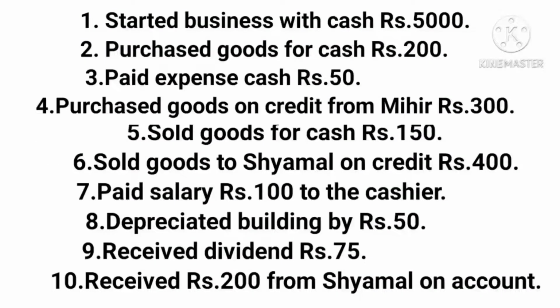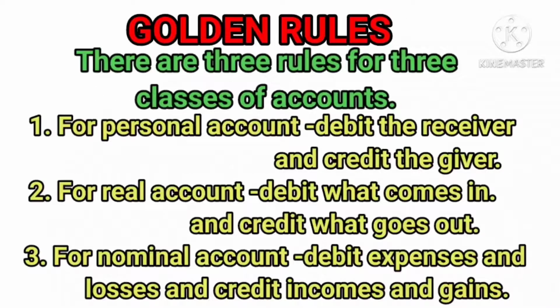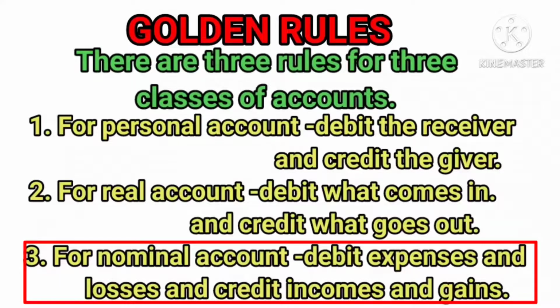Next, number 5, sold goods for cash rupees 150. Here we see 2 aspects. One is sale of goods and other is cash is coming. Sale is a nominal account indicating income. As per golden rules, all incomes will be credited.